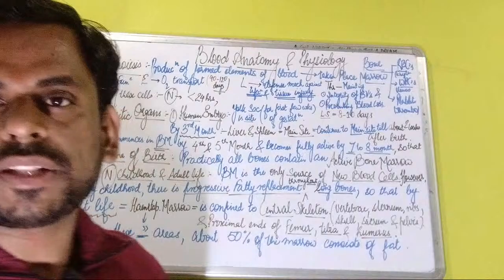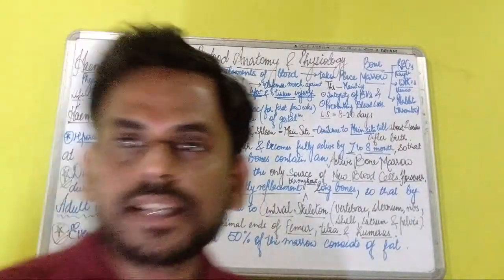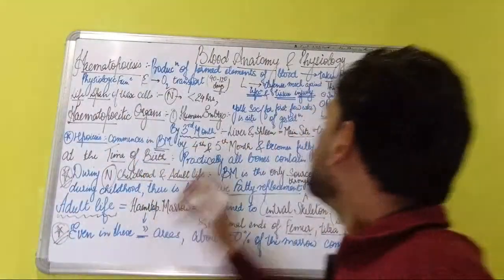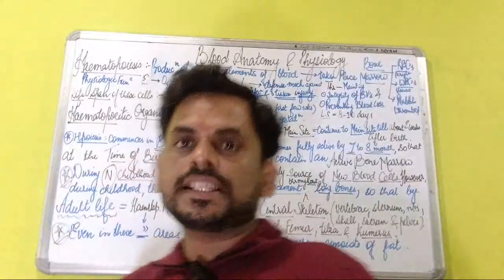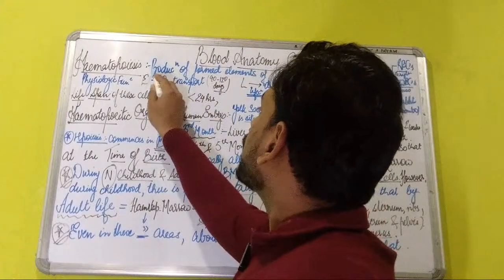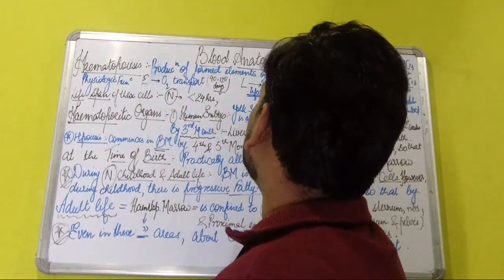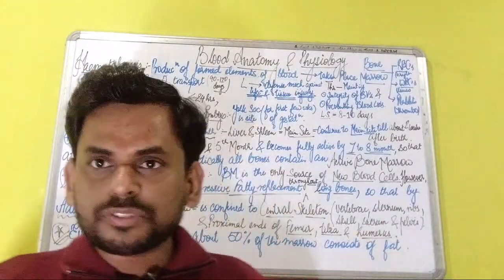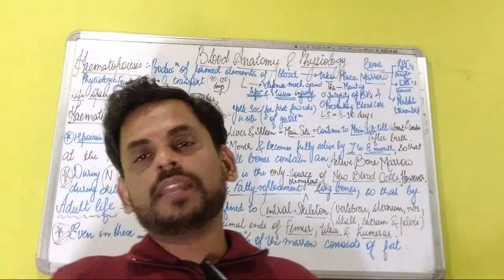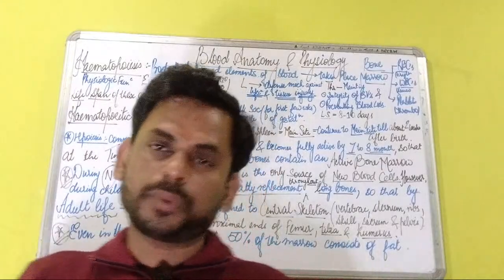So starting with, what we need to understand is that hematopoiesis, the word itself, suggests that it is the production of formed elements of blood. We are all very well aware that the formation of the formed elements of the blood is called hematopoiesis.